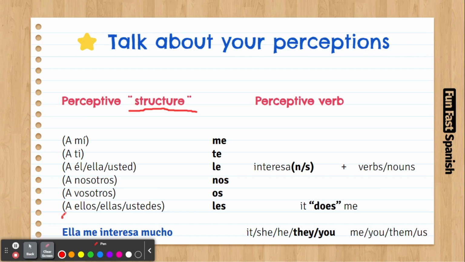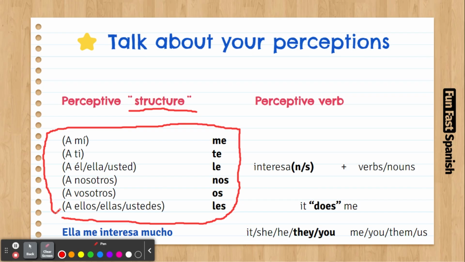So first of all, the perceptive structure we have here: a mí me, a ti te, a él, a nosotros nos, a vosotros os. We already talked about this structure, and we also said that these things in brackets are optional. And we highly recommend to use the ones for the third person singular and third person plural. Let's try not to make them optional because there are three different options.